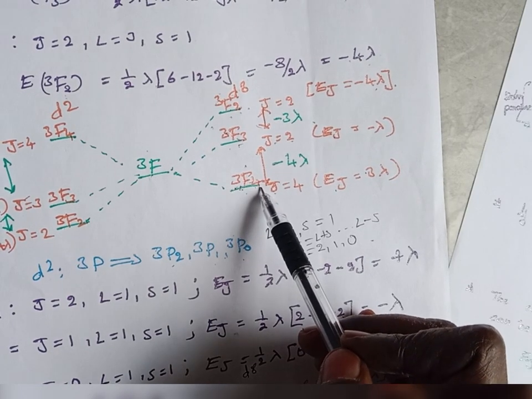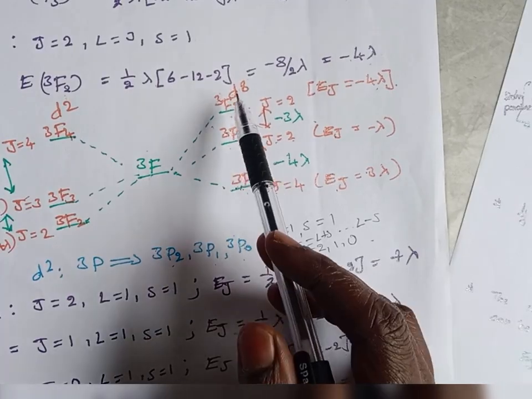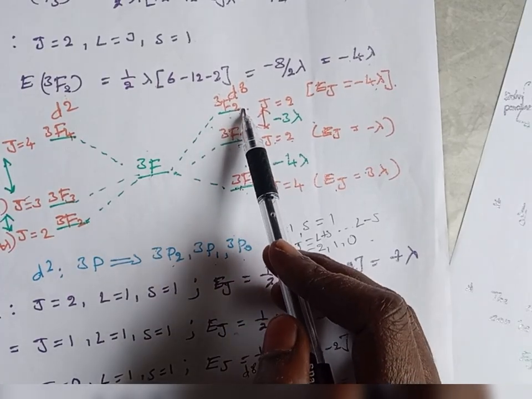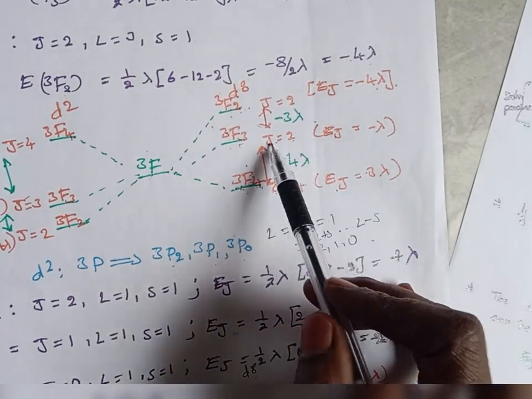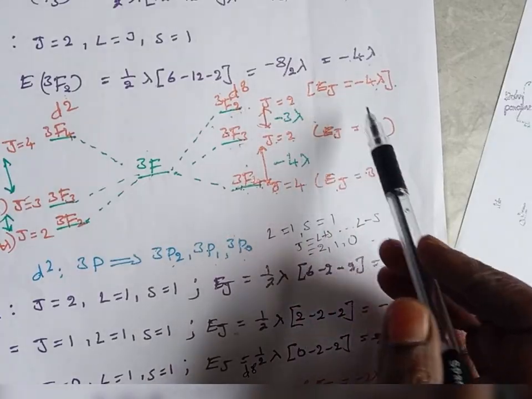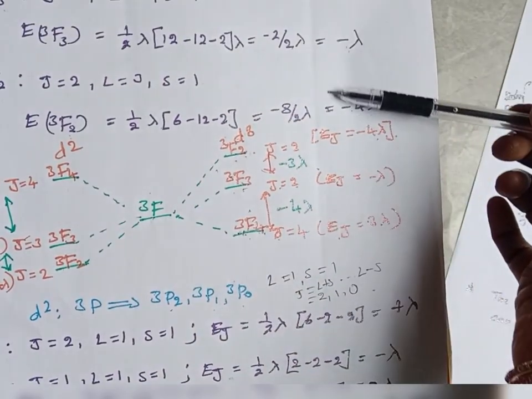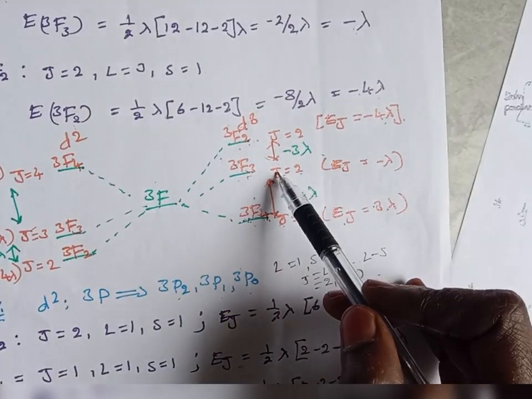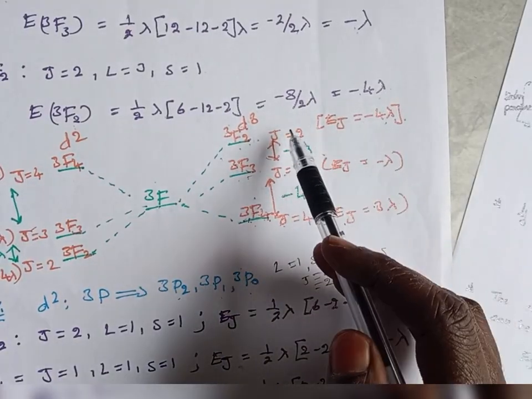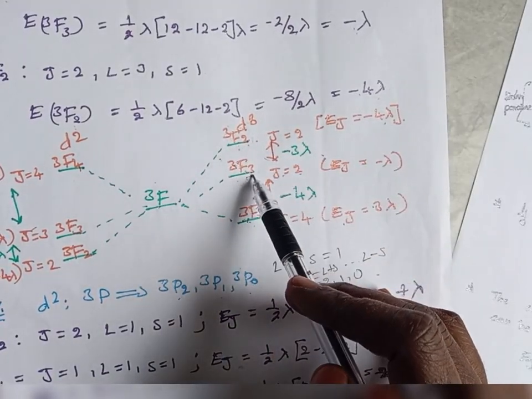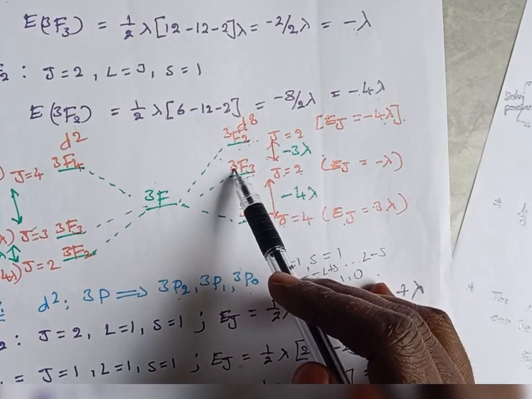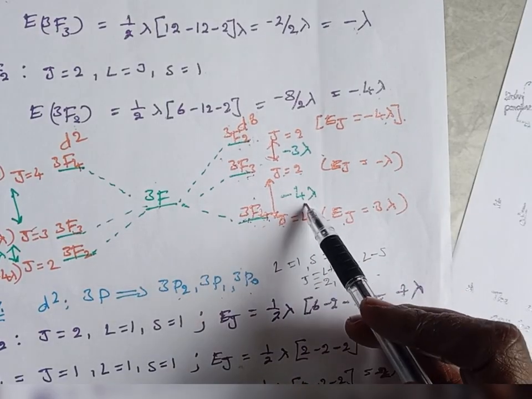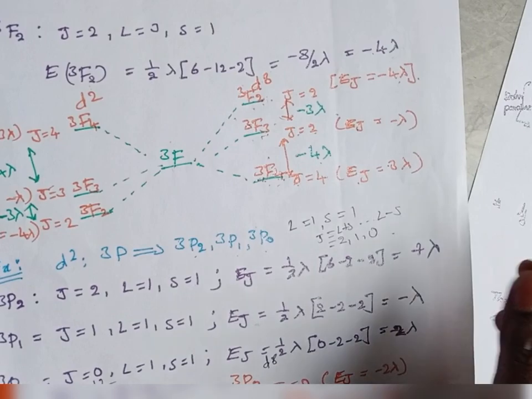So 3F4 is the lower energy level, 3F3, and then next 3F2. Here J values we have written, and the energy we have calculated is noted, right? And the energy difference between the energy levels, that is 3F2 minus 3F3, will be minus 3 lambda, and 3F3 minus 3F4 is minus 4 lambda.